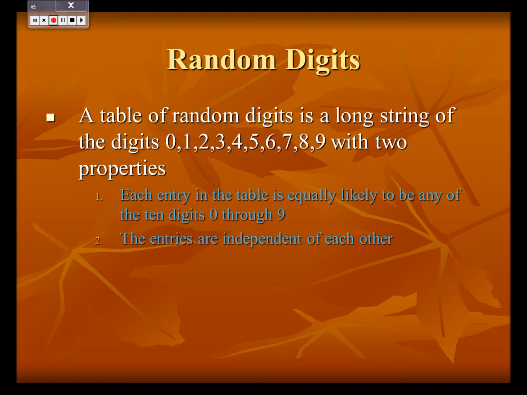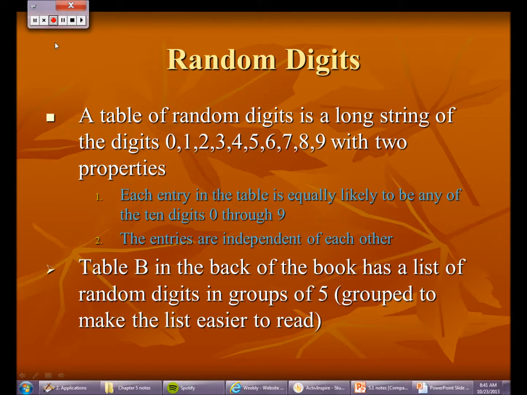When I say independent, choosing one number has no influence on what the next number may or may not be. You'll see in your text that the random digits in your book are actually grouped in blocks of 5. The only reason they do that is just to make it easier on your eyes so the numbers don't run together. We'll be dealing with random digits a lot when we get to experiments.